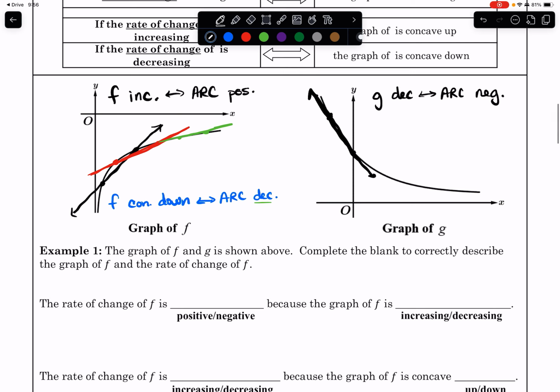And since this again is concaving upwards, since g concaves up, that implies that your average rate of change is increasing.